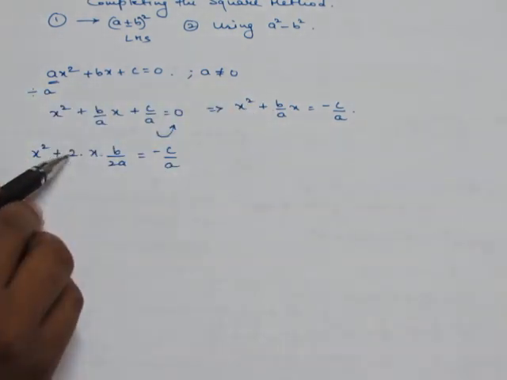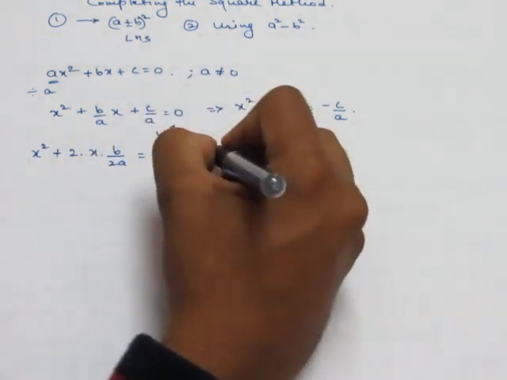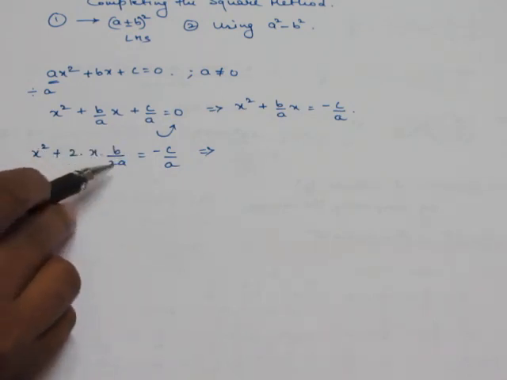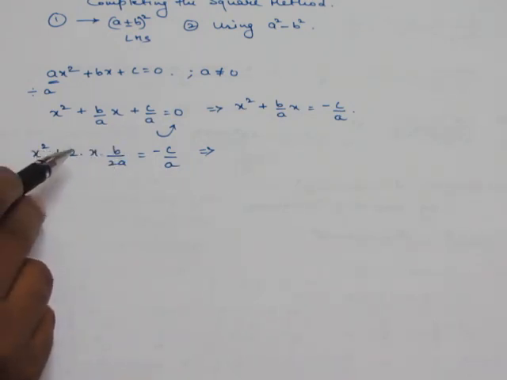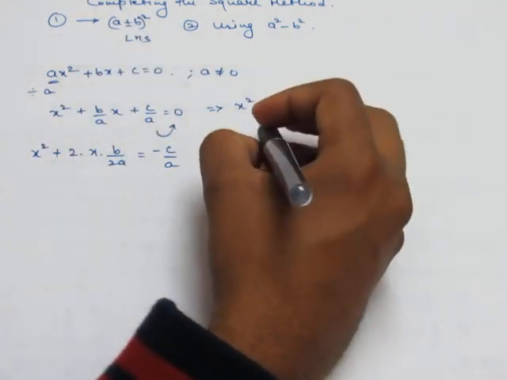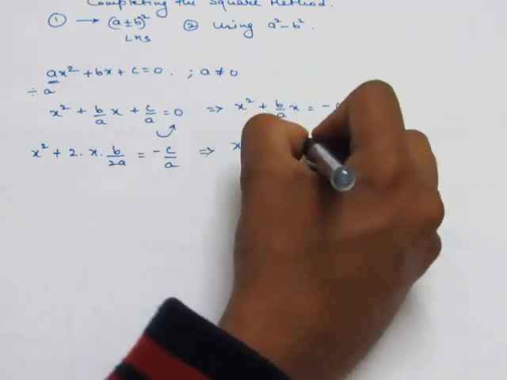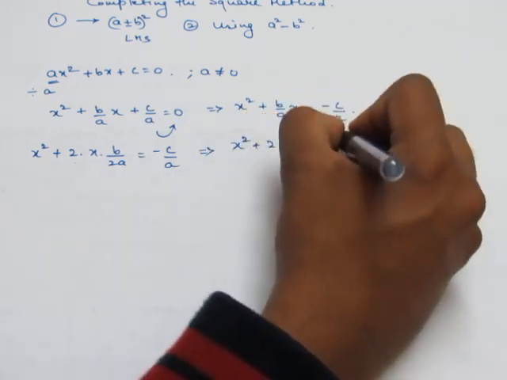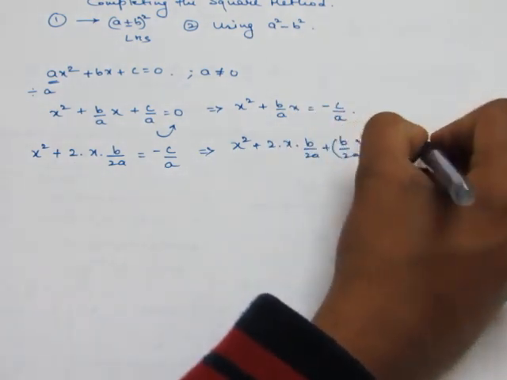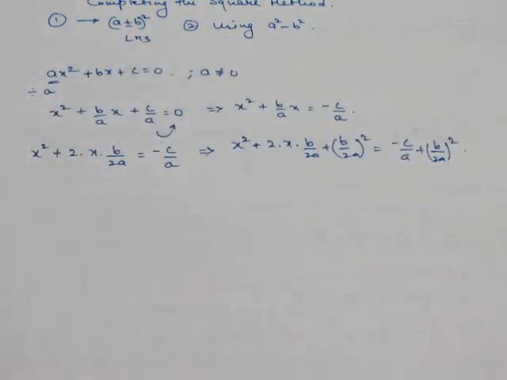Now, I did nothing but multiply by 2 and divide by 2. Now I need to add the square of this quantity, because a square plus 2ab plus b square. So I add the square of b by 2a on both sides. I get x square plus 2 into x into b by 2a plus (b by 2a) whole square equals minus c by a plus (b by 2a) whole square.